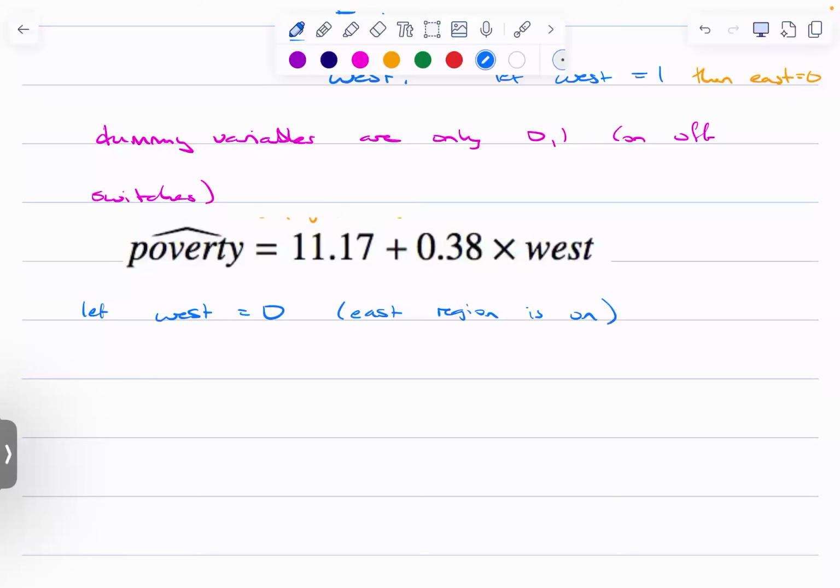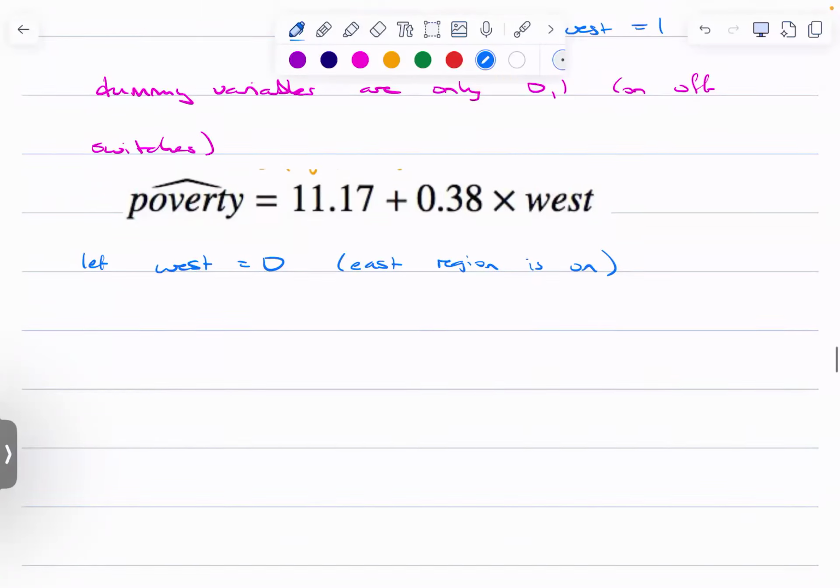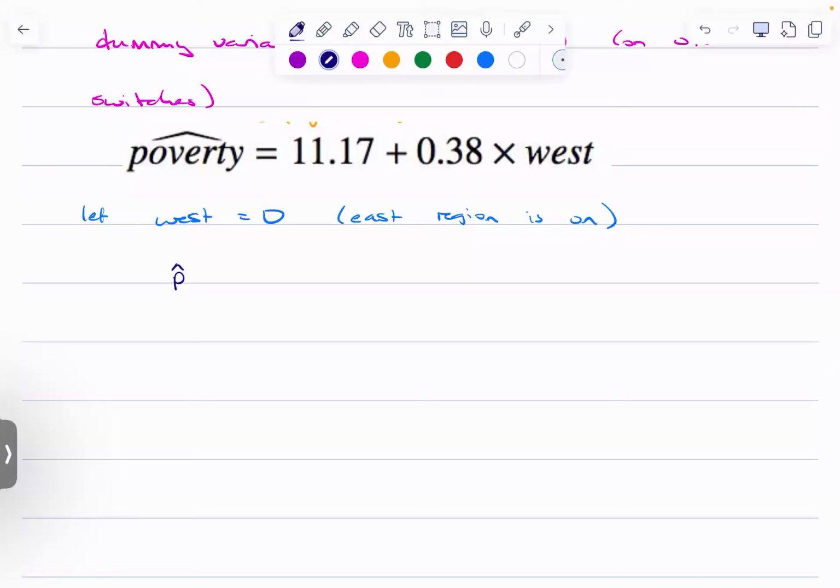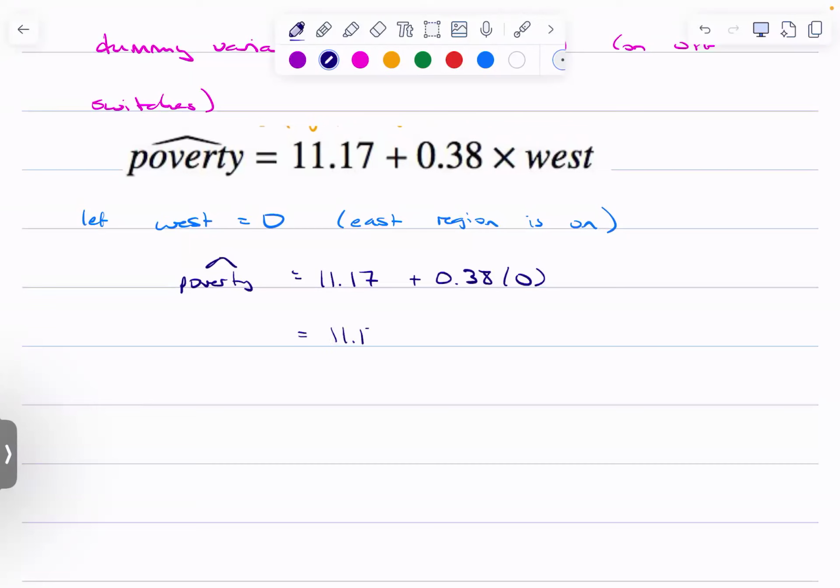If West is off, then the East is on. So if I plug West equals 0 into this, the predicted percentage in poverty is 11.17 plus 0.38 times 0, which is just 11.17. So if the West is off, it's implied that the East is on, and this is the predicted percentage in poverty for the East region.